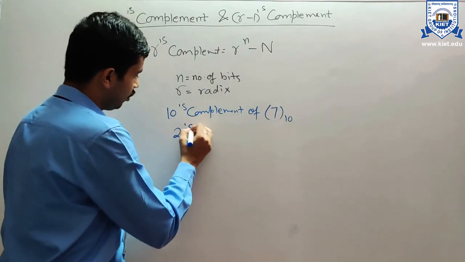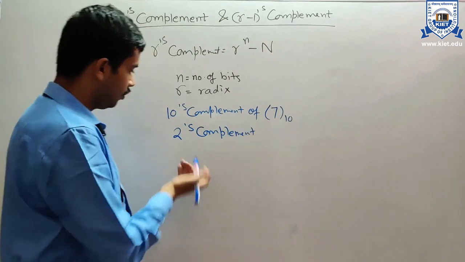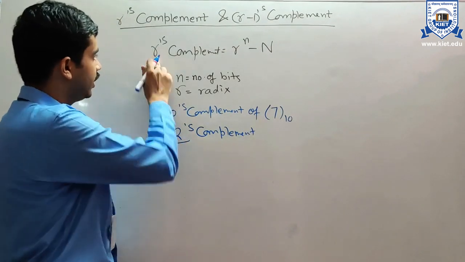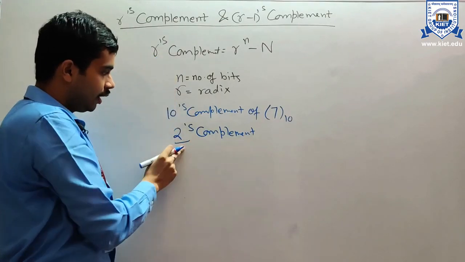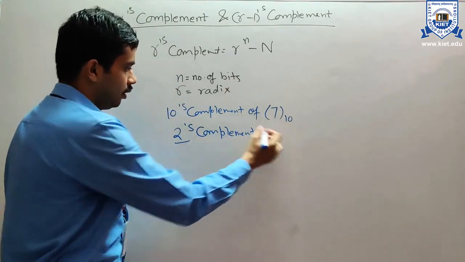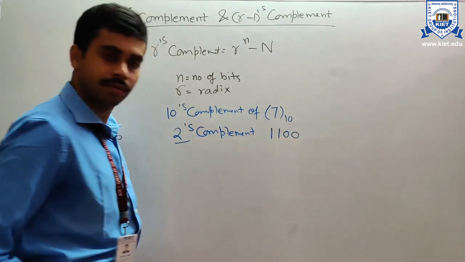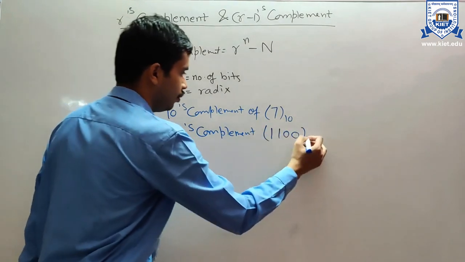Let's suppose we have to take the 2's complement. So for 2's complement we are taking base 2, r is the radix, so the numbers will be in the form of 0 and 1 only. Suppose we have to take the 2's complement of 1100, which is base 2.